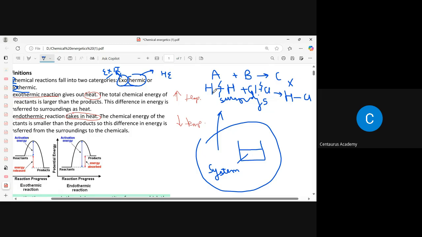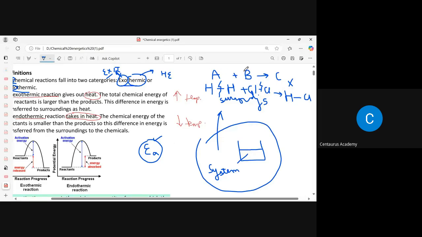They have the minimum energy which is required for the reaction to take place, and that is referred to as the activation energy. So you can say that reactants actually require activation energy, which is a minimum amount of energy to activate the reaction. When the reaction is activated, a new product is formed. So this minimum amount of energy is required by both of the reactants to produce this new product.